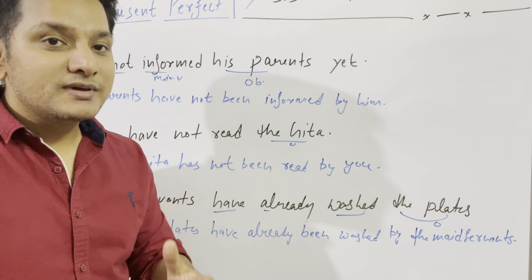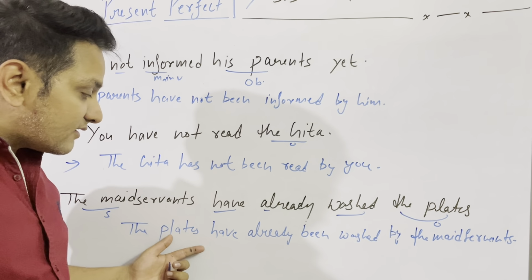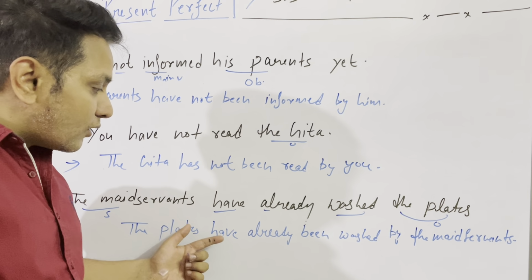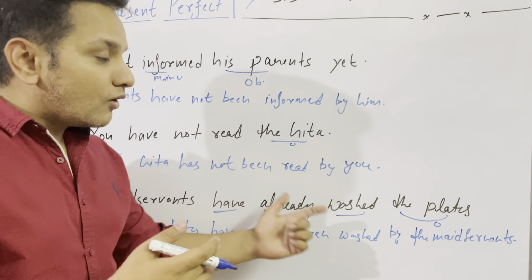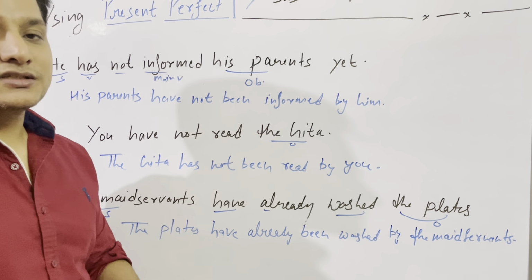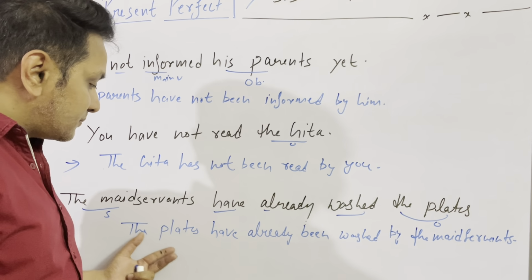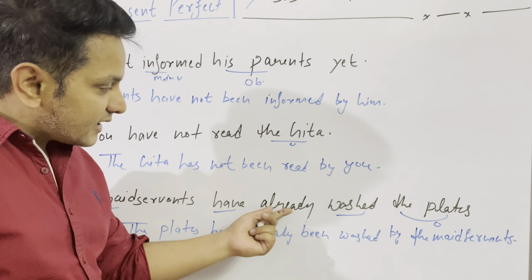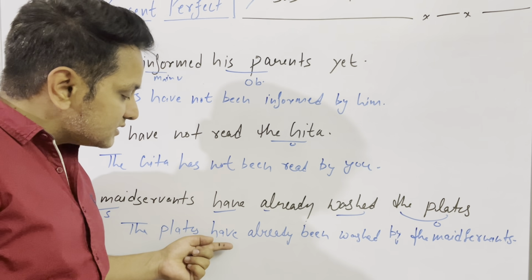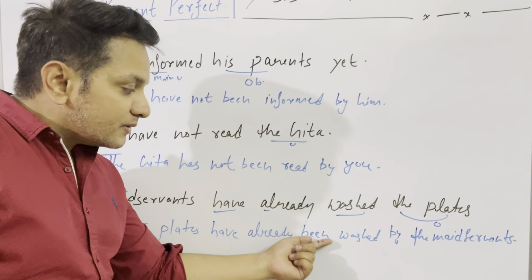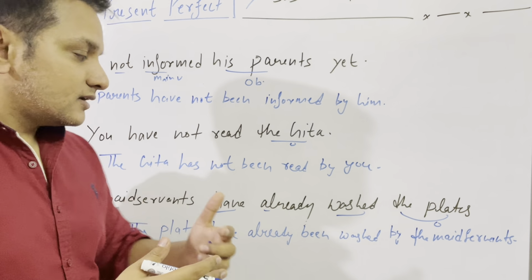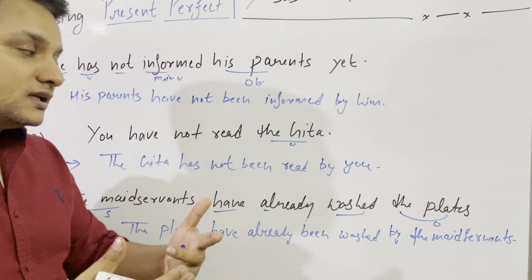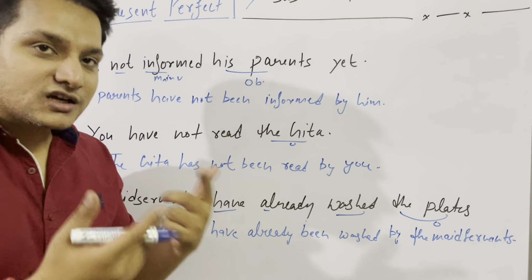I have seen people making mistakes, something like the plates already have been, or the plates have been already washed. No, this is not to be used like this. The plates have, then if something like already is there, or not is there, it will always be used after have and before been. Like the plates have already been, the Gita has not been, the parents have not been, right?